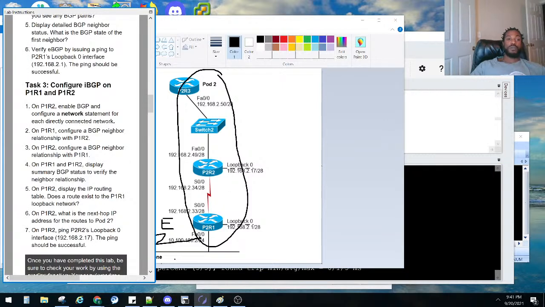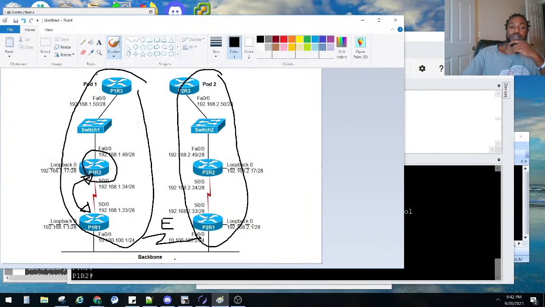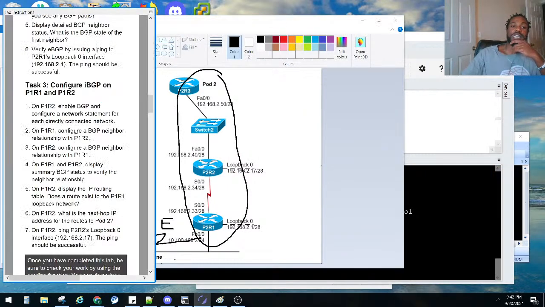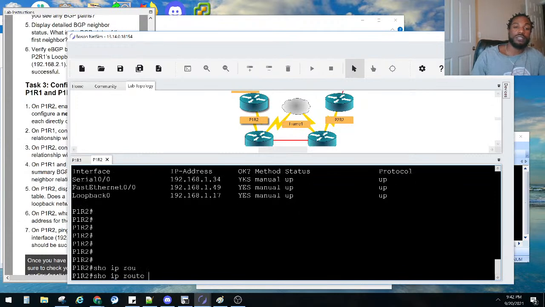On P1R2, enable BGP. So basically the same thing we did last time. On P1R2, so we got to go to P1R2, which is that guy right there. In other words, this guy right here, and then enable BGP and configure a network statement for each directly connected network. So let's look at our networks. Show IP route.